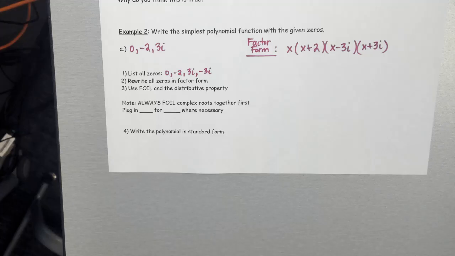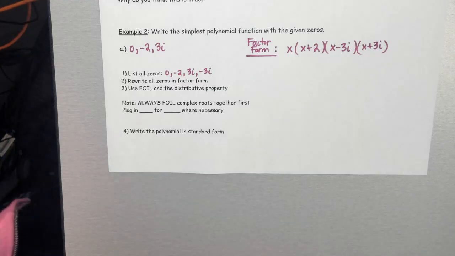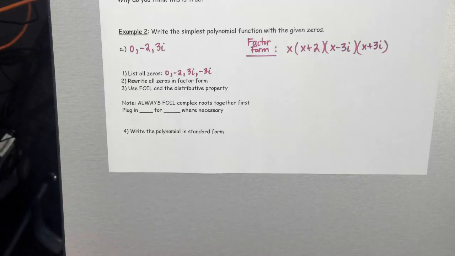Okay, and then once we get here, we're going to FOIL. Now think about what you're going to FOIL together first. Plus or minus I, or plus the plus and minus.